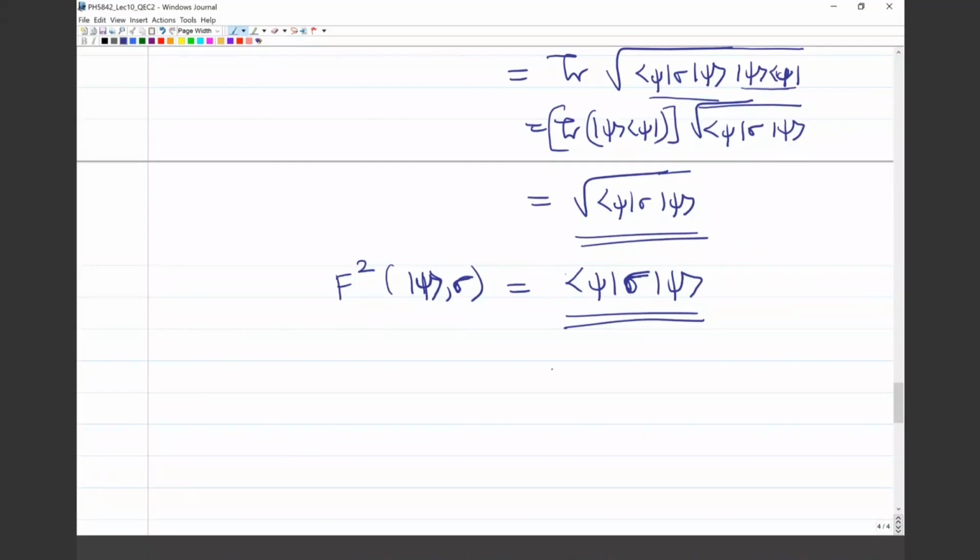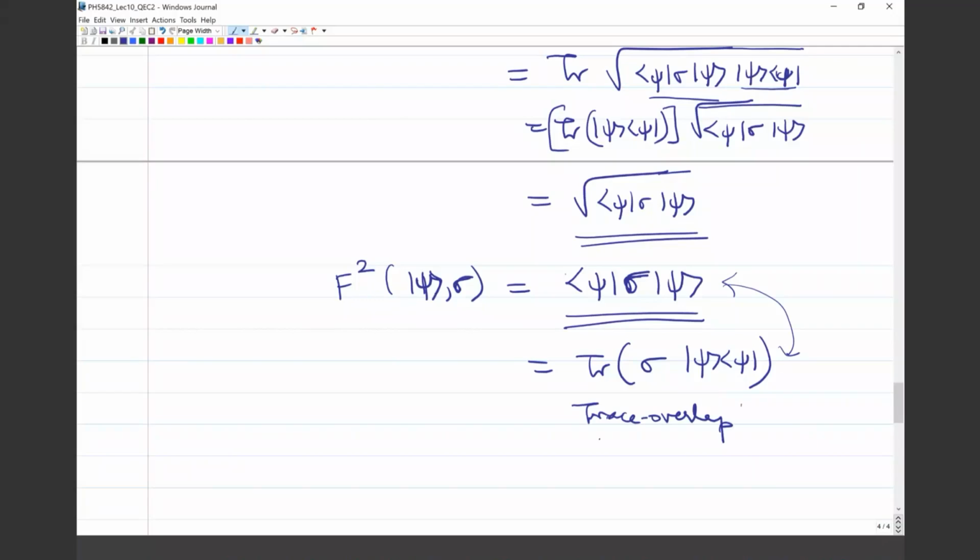What is this? This is nothing but the trace of sigma with psi. Remember, we did this exercise in last semester's class, that when you have this expectation, it's nothing but the trace of these two. So this is what is often called a trace overlap.